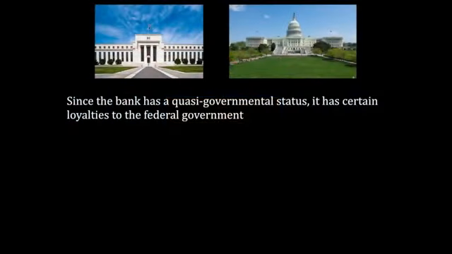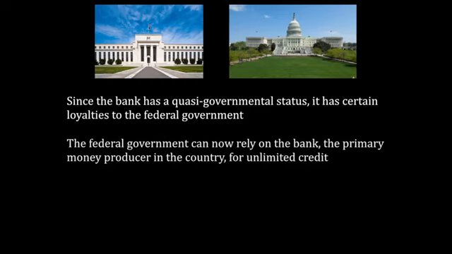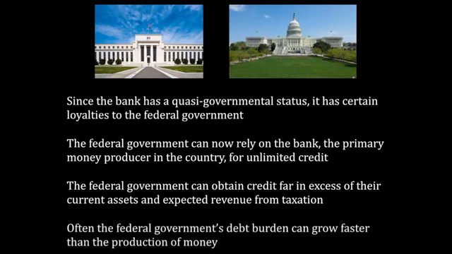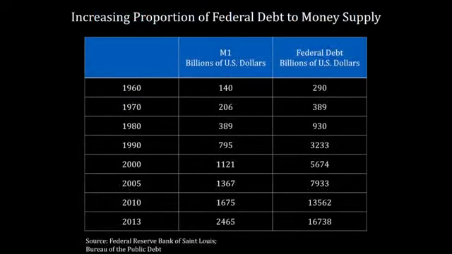Since the bank has a quasi-governmental status, it has certain loyalties to the federal government. The federal government can now rely on the bank, the primary money producer in the country, for unlimited credit. The problem is that the federal government can obtain credit far in excess of its current assets and expected revenue from taxation. Often, the federal government's debt burden can grow faster than the production of money."